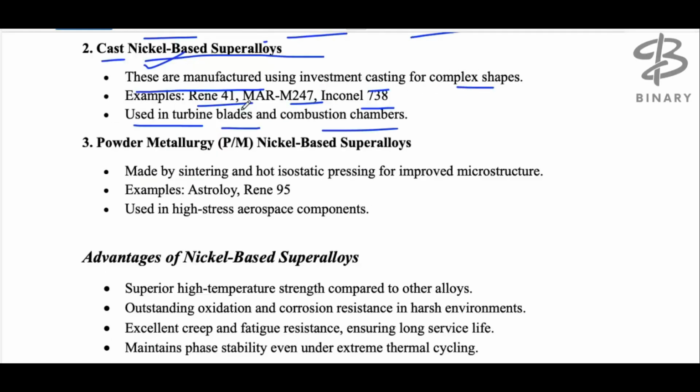As you can think, when we are using turbine blades, they experience a lot of heat when they are in working condition, and the combustion chamber also experiences a lot of heat. So every alloy has one property which is at the top. In the previous discussion we said that corrosion resistance is more important when we talk about aluminum magnesium, right?